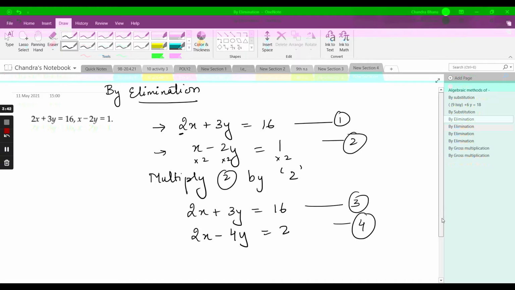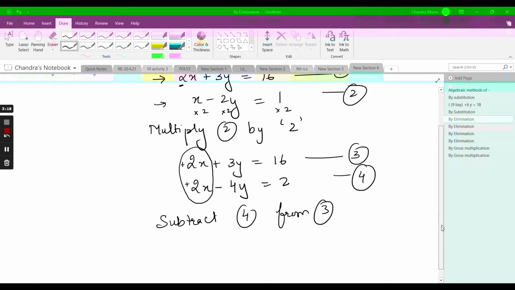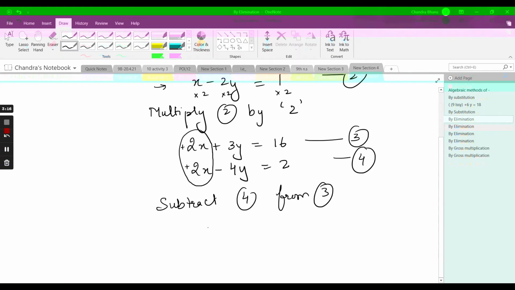Now what is happening in the third and fourth equation, the coefficient of x is the same, and it is a positive sign in both of them. Now if it is the same, then I am going to do subtraction. I am going to subtract 4 from 3. So what's going to happen? One of my variables is going to get eliminated.